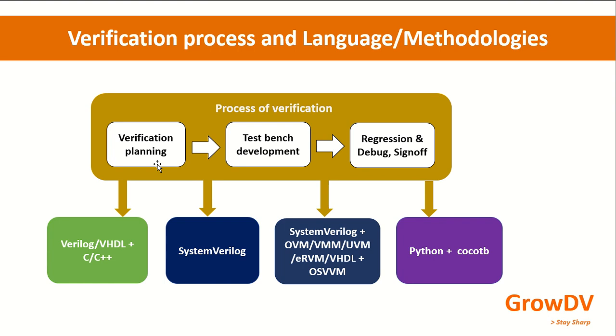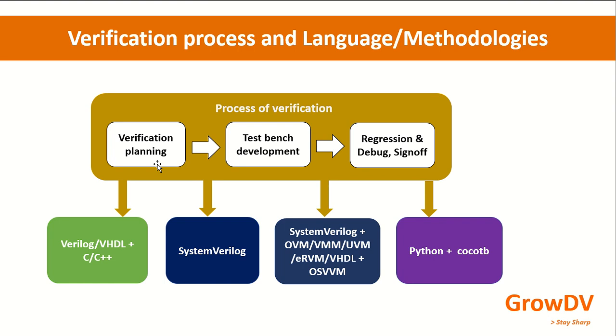Once you have done that, you move to test bench development. In very simple words, in test bench development, you are writing programs to create different stimulus from your test plan, and you are doing response checking from your design. That is all that you are really doing in test bench development.